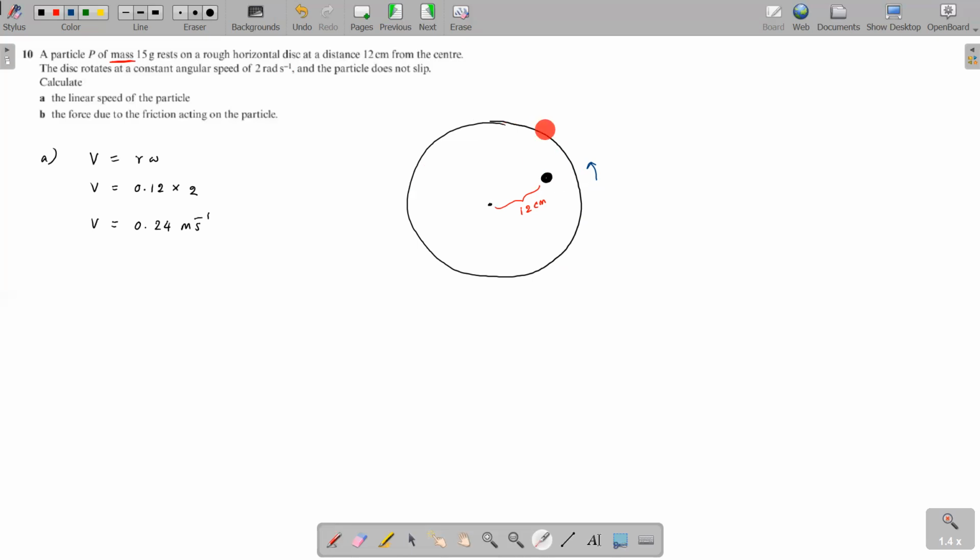The force that's holding it without making it slip out is the friction force. So you need to understand that in this case, the centripetal force is the friction.